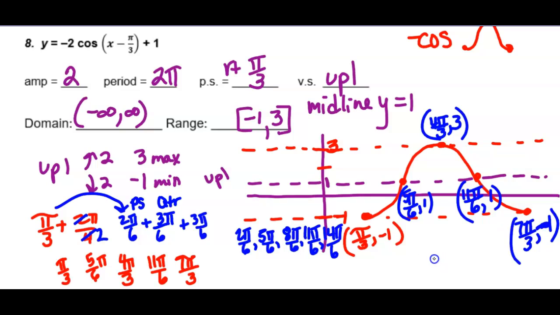Okay. Now, somebody's going to say, well, it was supposed to have a period of 2 pi. This is super important, guys. That means if it started at 0, it would finish at 2 pi.